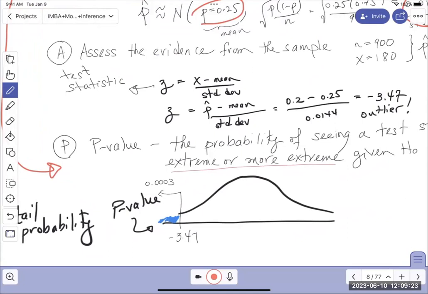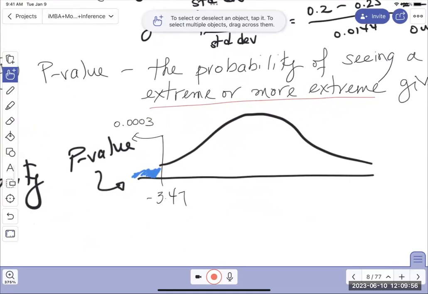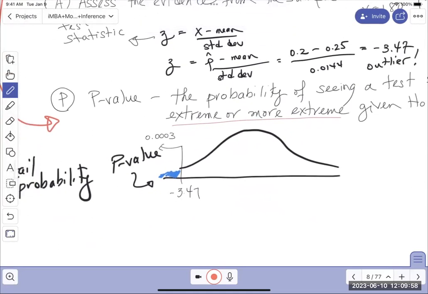So the chance of seeing a test statistic, given the assumption of 25% proportion using vitamins, is very small. It's 0.03% or 0.0003. So I'm just repeating that I know that it's an outlier, but I have to be more specific because we have a standard for comparing. This is the concluding step.